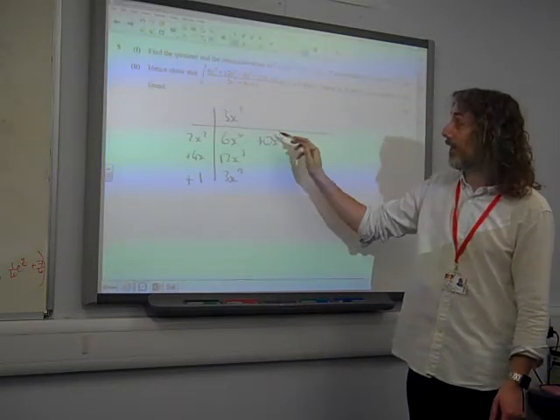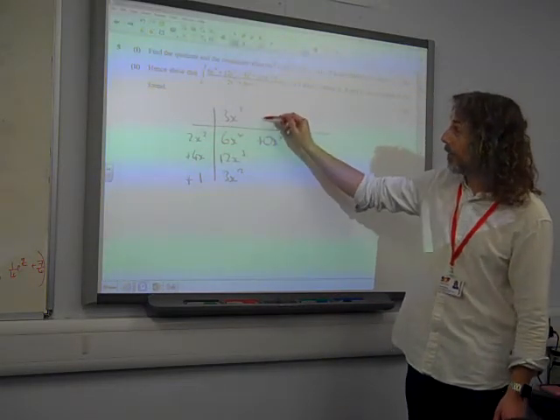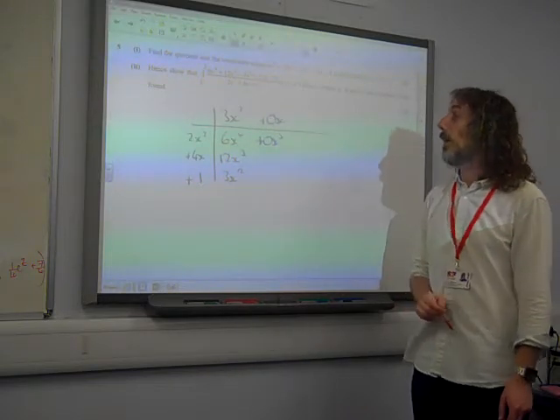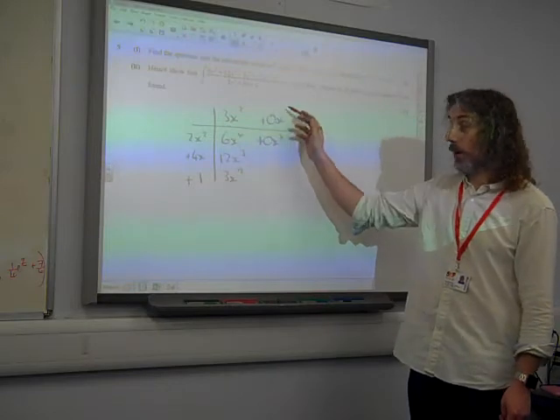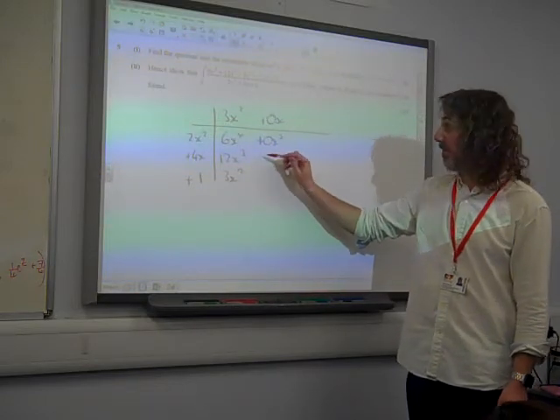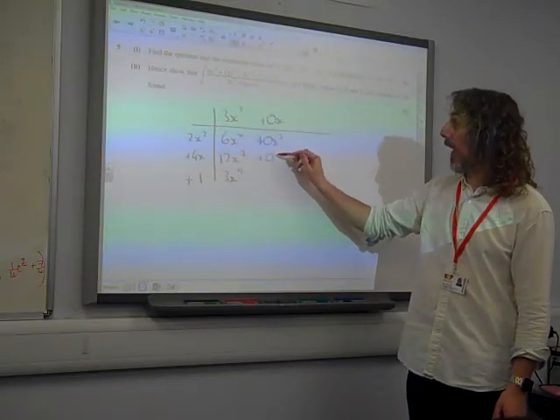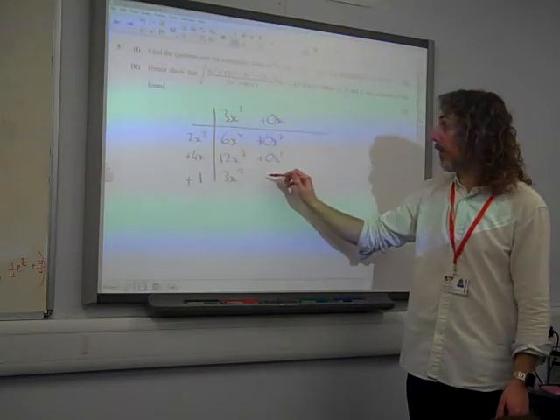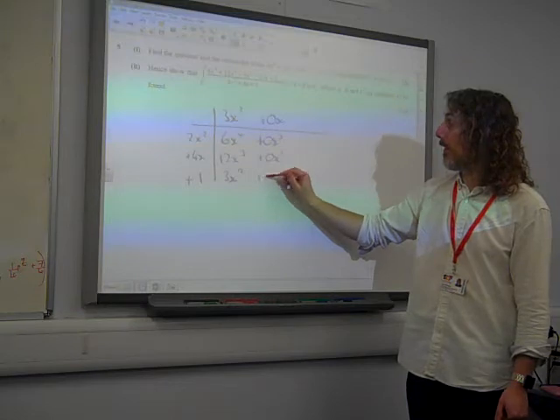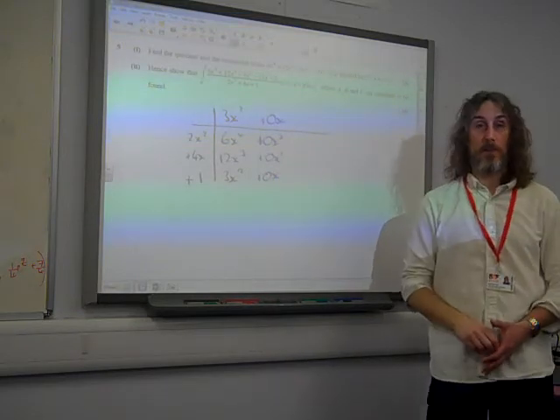That means that 2x squared times 0 is what we need up there. And we're going to fill in the rest of this column with zeros. We would have 0x squared from multiplying those two, and 0 times 1 gives us 0 down at the bottom.